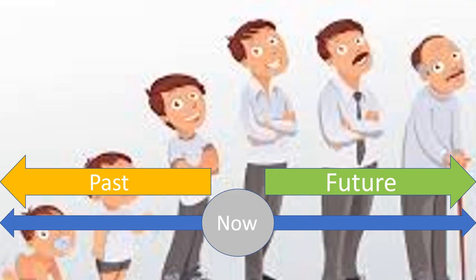So the timeline can be divided into 3 points: now, past, and future. And today we are going to deal with this part of the timeline, the past. We are going to use past simple.